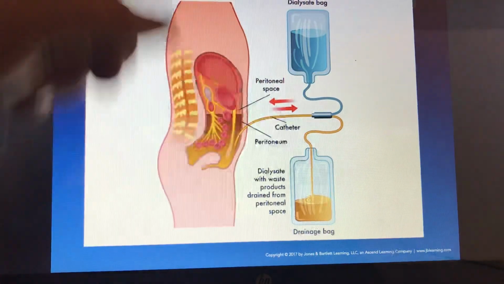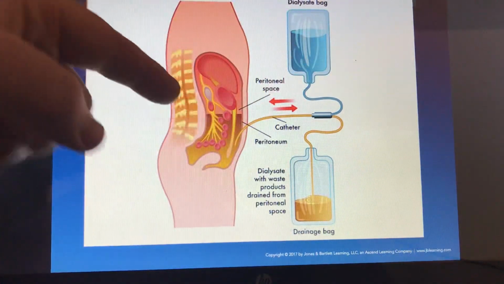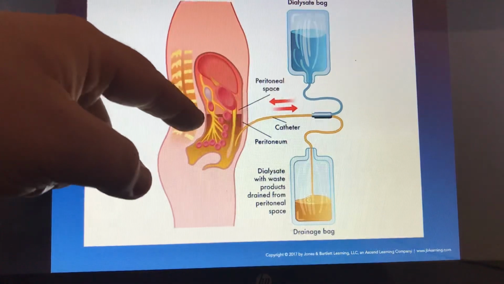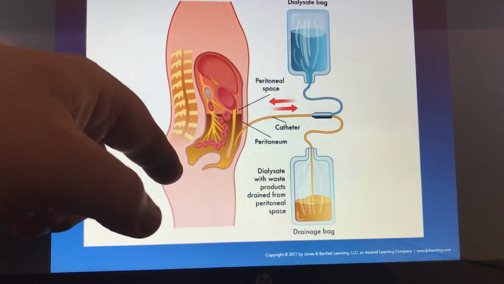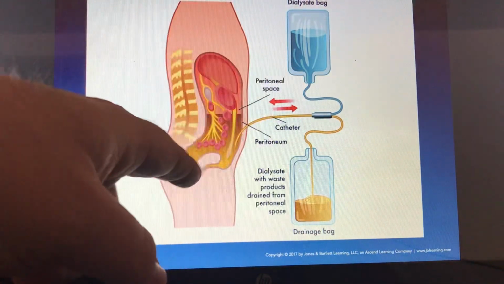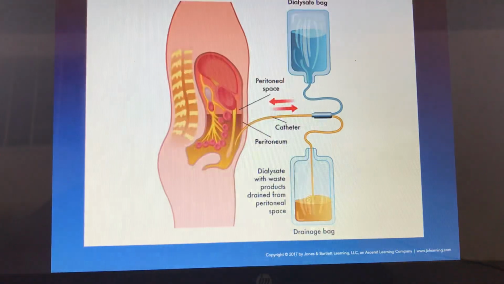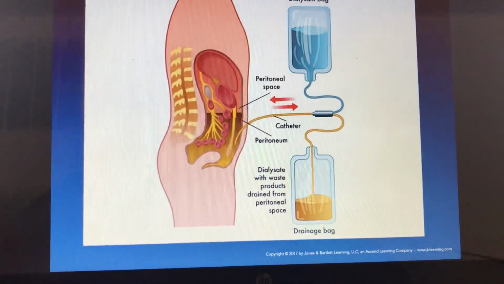They put a fluid or saline solution in, and it sits, and then it works with a vacuum pump and pulls it back out and stores it. So they're able to get rid of toxins through the peritoneal space, because they're trying to intercept some of the toxins before they go to the liver and become urea. Hopefully that makes sense.